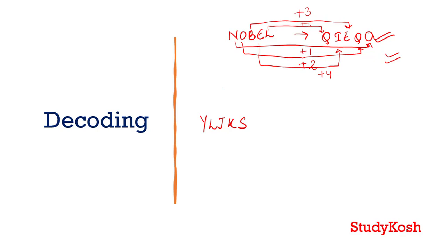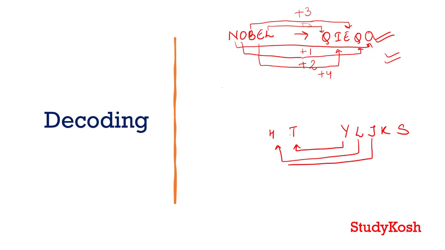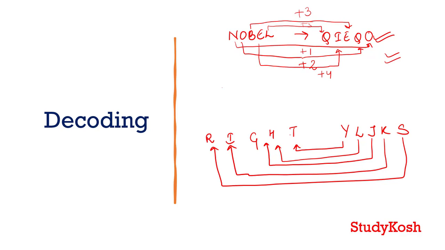So if you see carefully, for decoding Y, you need +5 on the back side, because similarly we are getting it for L and Q. So if we go back side in the alphabetical series, we'll get T. For L, we need to go 4 times back side, so we'll get H. Then for J, we'll go back side 3 times, then we will get G. Then for K, we'll go 2 times back side, we'll get I. Then for S, we'll get R, because here we are using +1, as we used +1 for N as well.